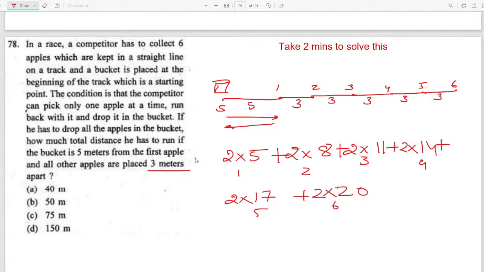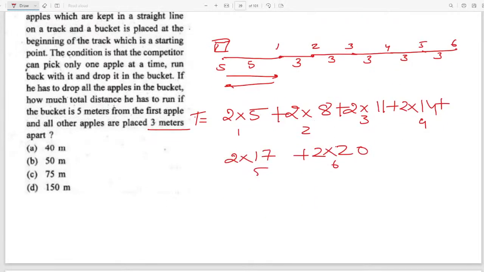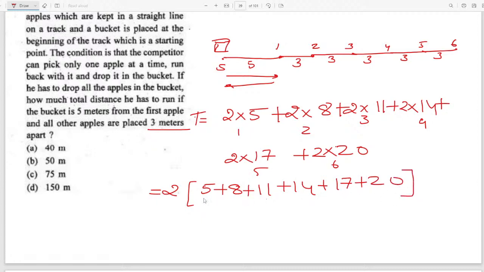So this is the total length that he has to cover to bring all 6 apples to the bucket. If I take 2 common here, I would be left with 5 plus 8 plus 11 plus 14 plus 17 plus 20. 1, 2, 3, 4, 5, 6, 6 apples.